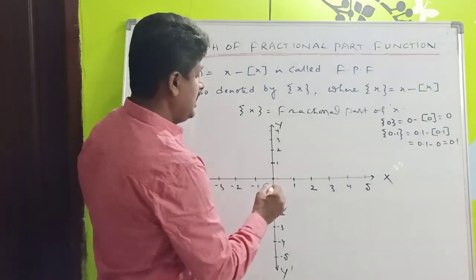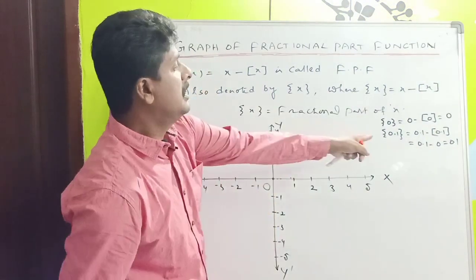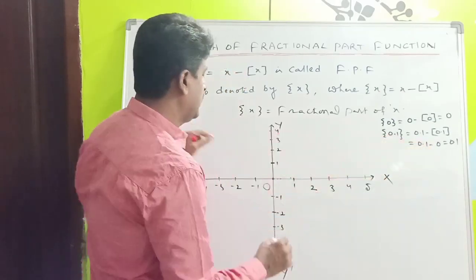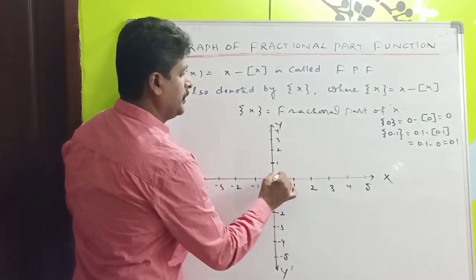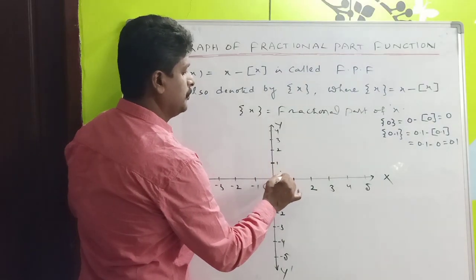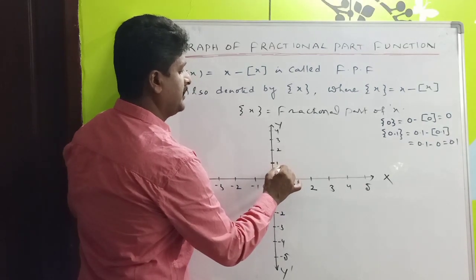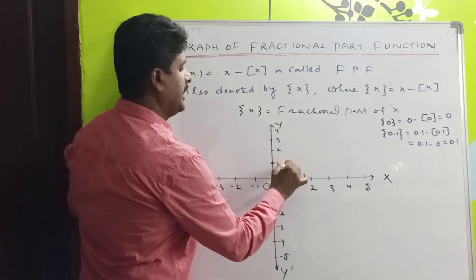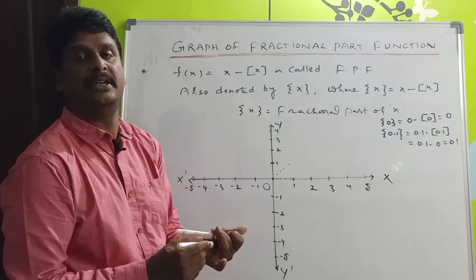For x value 0.1, the corresponding f(x) value is also 0.1. X value 0.2, the corresponding f(x) value is 0.2. X value 0.5, f(x) is also 0.5. X value 0.9, f(x) is also 0.9.